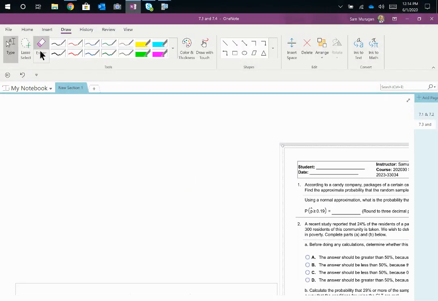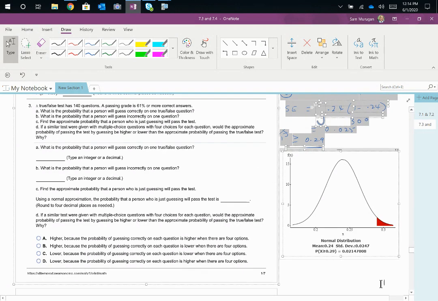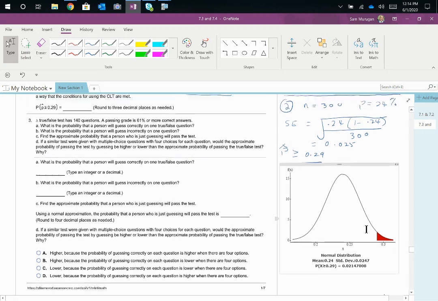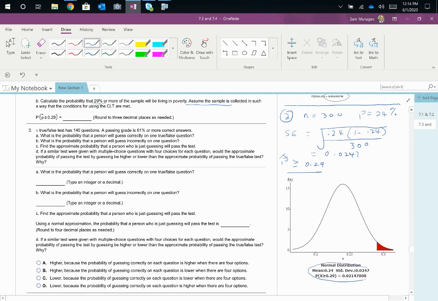Oh man, what did I do? Well, this thing's not behaving. Okay, so in this particular case, I put 0.0247. I took it to 4 decimal places to get a more accurate answer, and I got the 3 decimal places they wanted as 0.021.